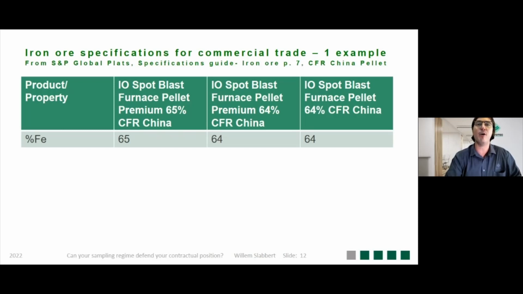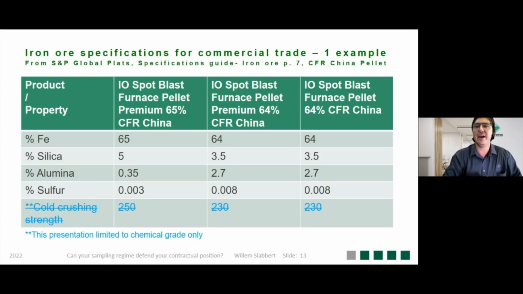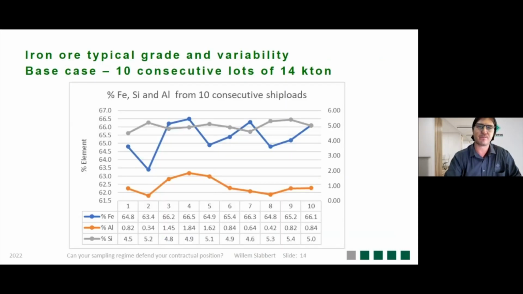That is because there are more elements at play in the specification than iron. There are also specifications for silica, alumina, and sulfur. And cold crushing is a physical property, which again is beyond the scope of our timeline here today for discussion. We'll only focus on the chemical grades, but certain physical properties are also sometimes required for commercial trade.